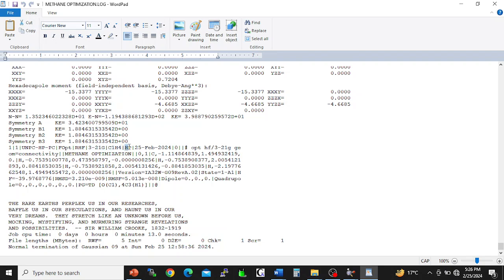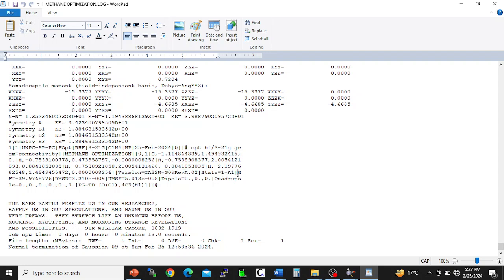Again, the name of the PC on which the calculation is run here, the date, and route line here, title card, and then the coordinates of the molecule, like carbon coordinates, hydrogen coordinates, and so on. Then it gives the version on which the calculation was run.